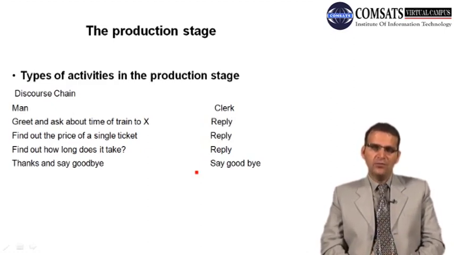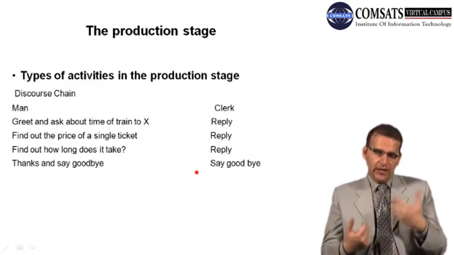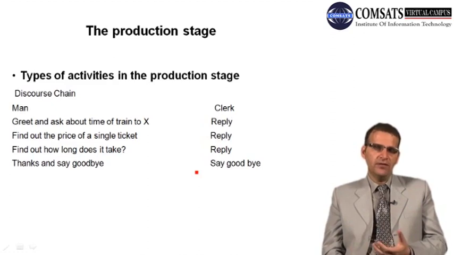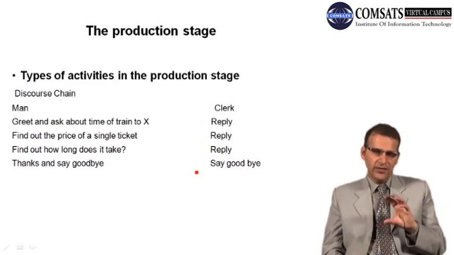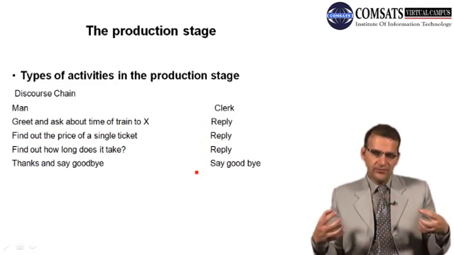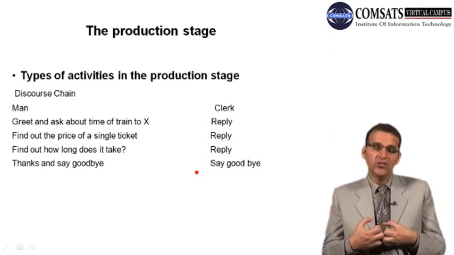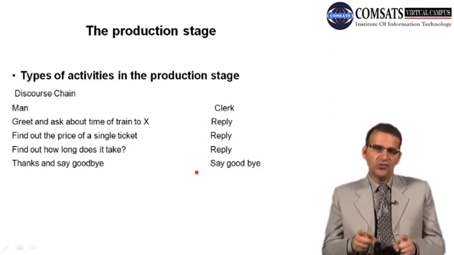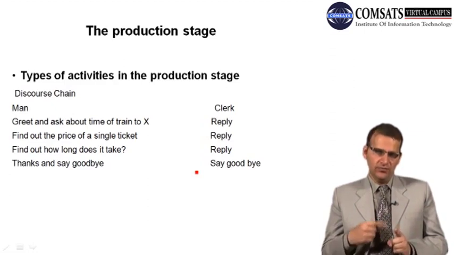So in a class, in the production stage, when there is a language item that you have presented in the first stage, it can be practiced through a discourse chain. In this discourse chain, the question comes from the passenger, and he asks for some information, and then the reply comes.